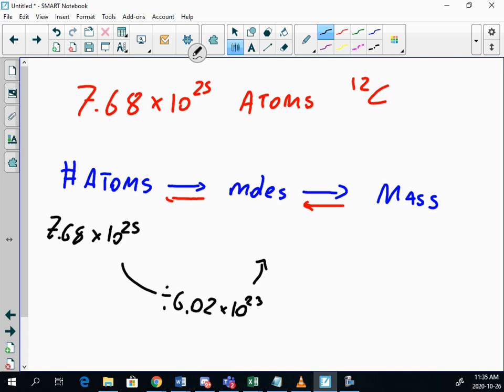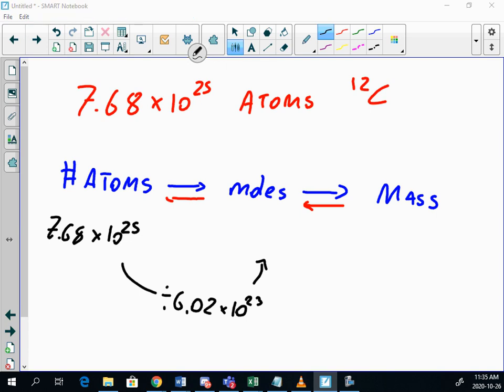The logic here just follows the logic I would use if I was taking a number of donuts and finding how many dozen that was. If I had 60 donuts, that's 5 dozen, because 60 divided by 12 is 5.